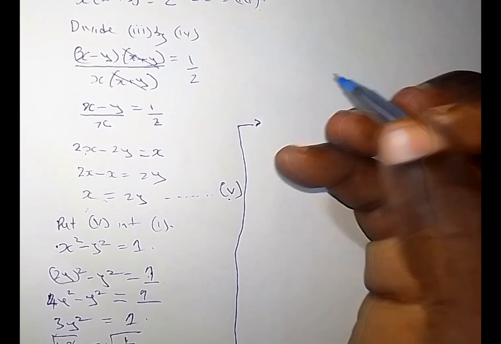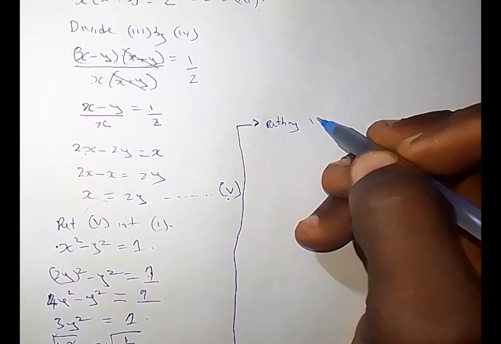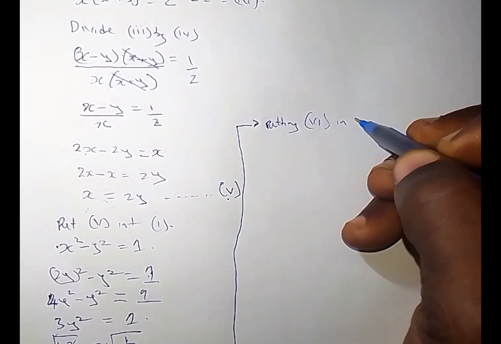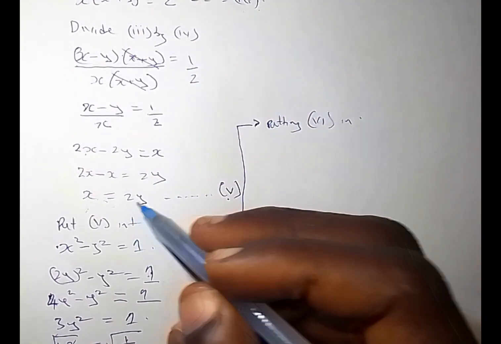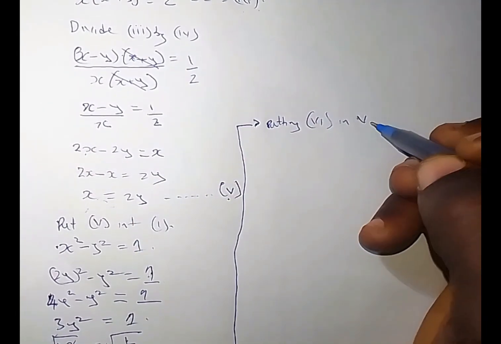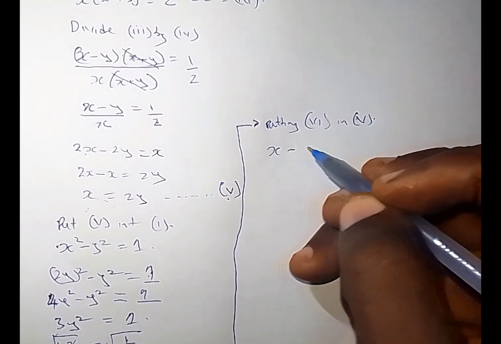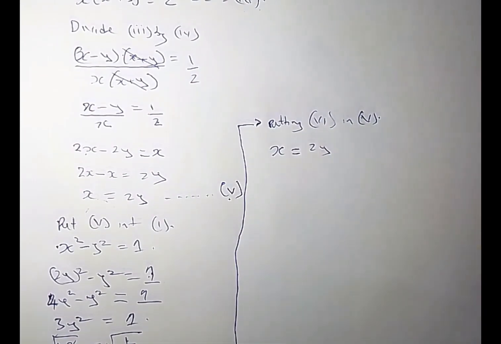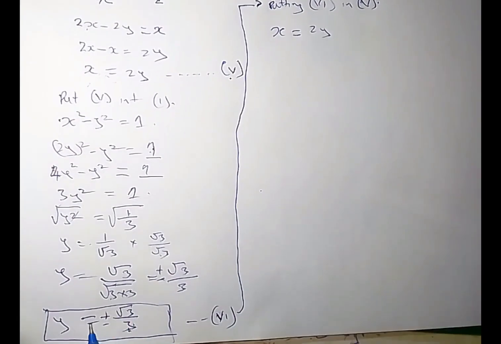So putting Roman figure 6 in equation Roman figure 5, so then we now have, this is Roman figure 5, x is equal to 2y. But our y is given as this value.